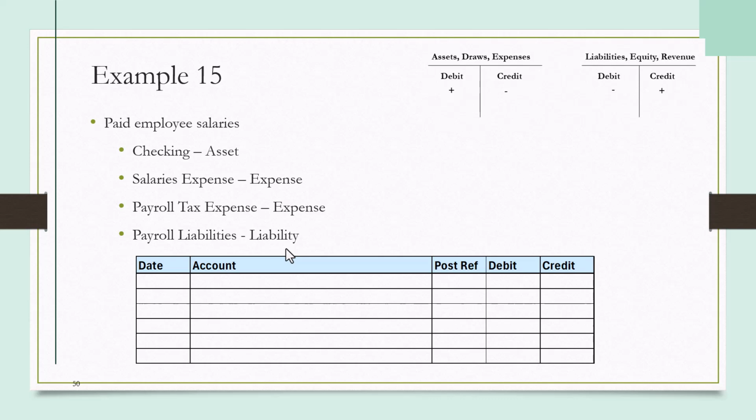So for this entry, just to keep it simple, I'm going to put it all in payroll liabilities. This is going to show that the business owes this money to those tax authorities.